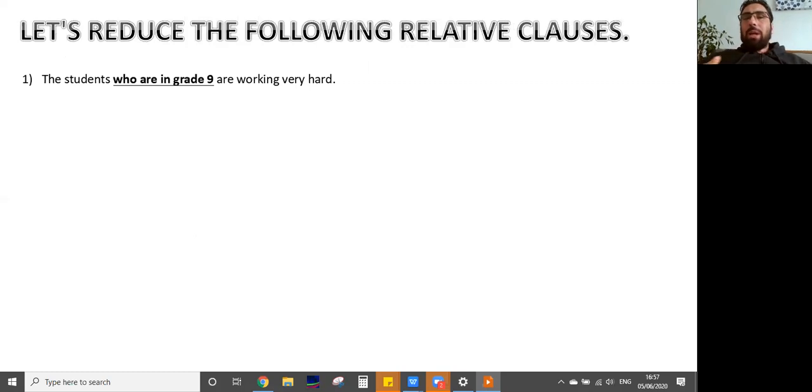Okay, now let's practice. We have, the students who are in grade 9 are working very hard. So how can we reduce this? Can you write the reduced form in the chat box?